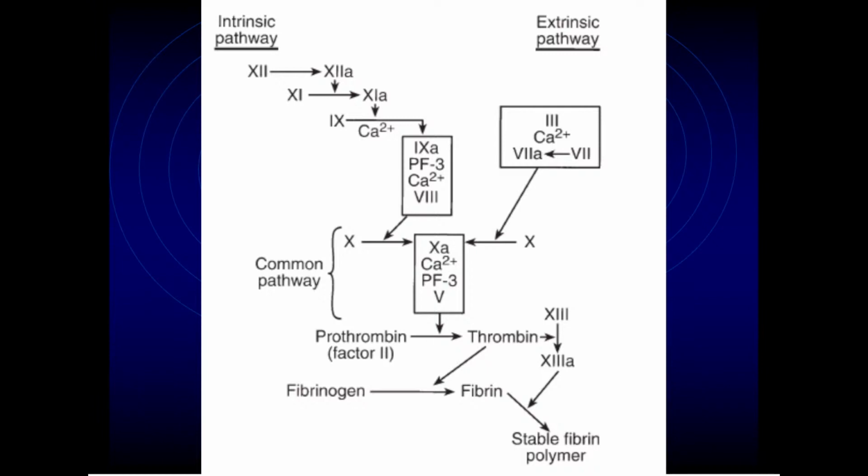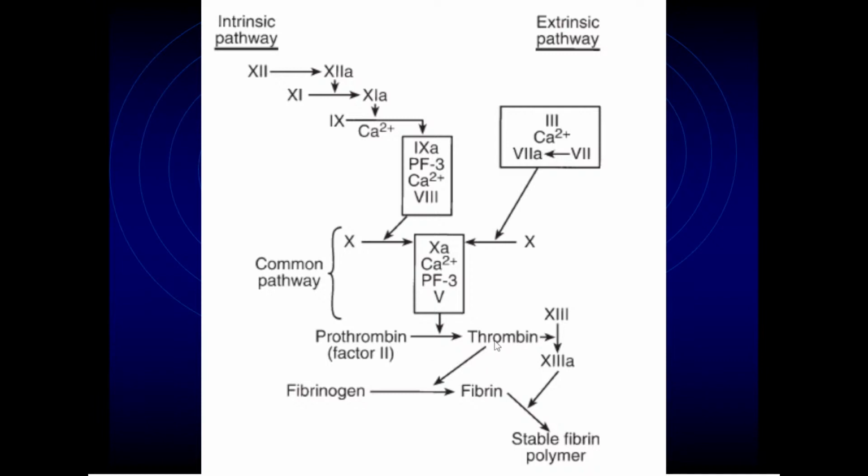This cascade of coagulation finally results in the conversion of prothrombin, which is also plasma clotting factor 2, to activated thrombin.